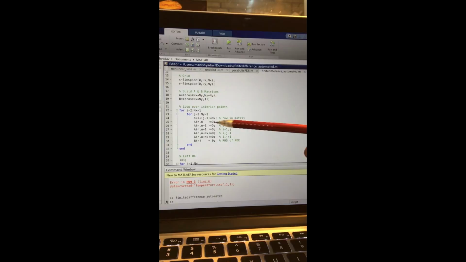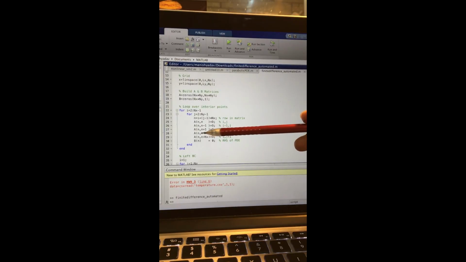For A, the point is our diagonal, and the left side and right side of our diagonal will be 0, because these points are interior points, and I won't take anything on the right side for the function, that's why it's 0. Otherwise, this will be the value of the function.